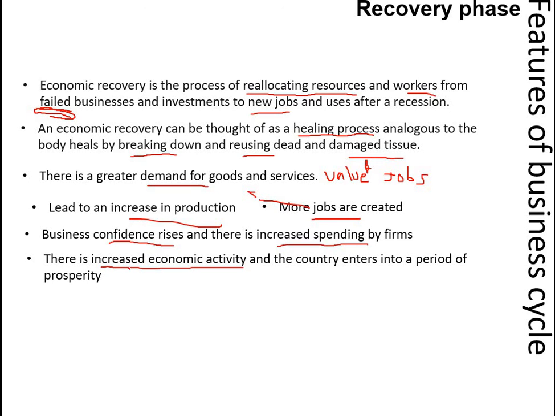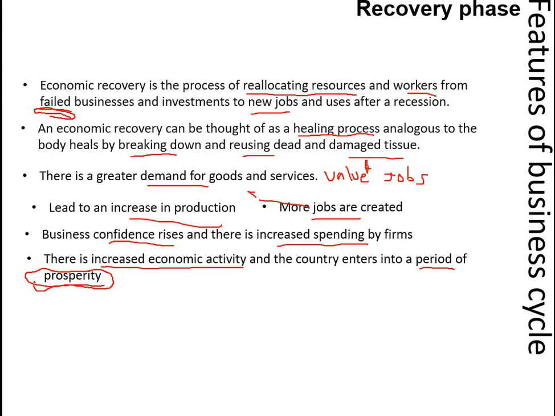The transport industry, the mining sector, the primary, the secondary, the tertiary, all these economic activities are increasing. When they increase, it enters into what we call a prosperity period, which I think is our next item to discuss.